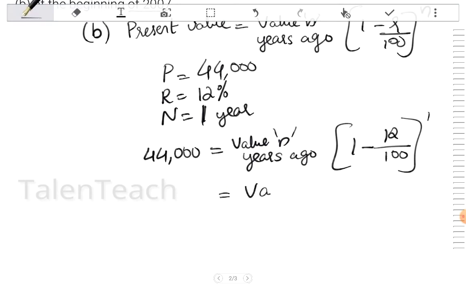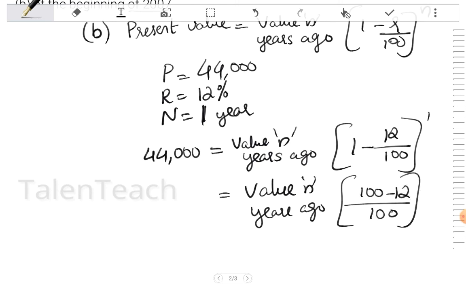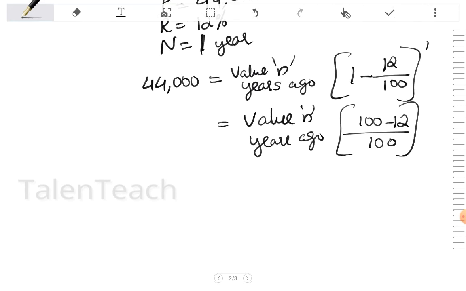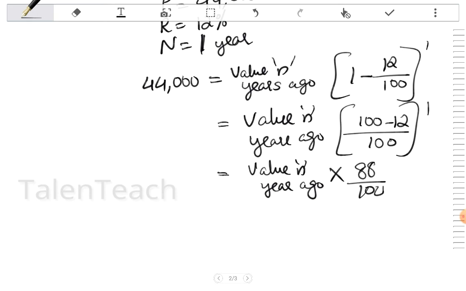So when we solve the bracket, inside the bracket we will get 100 minus 12 by 100. Here first we will make the denominator same by taking the LCM and we can subtract, which is equal to value n years ago into 100 minus 12 is 88 by 100. Here it is raised to 1. So into 88 by 100.